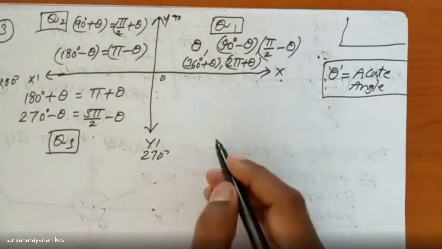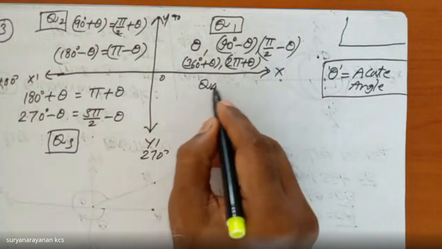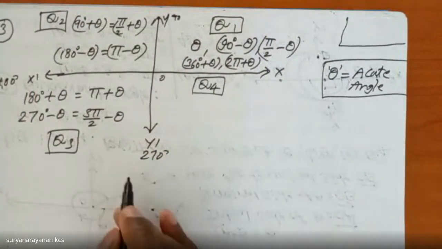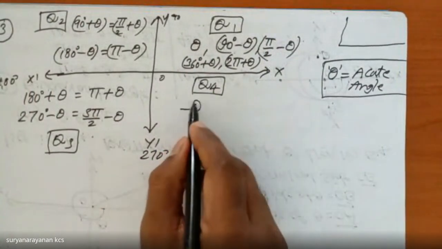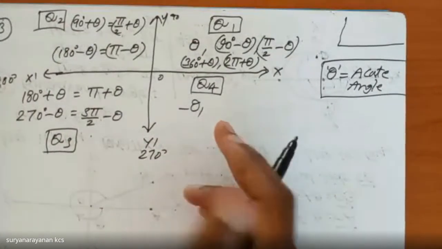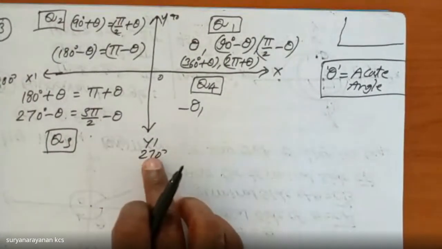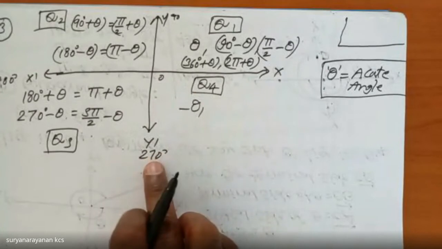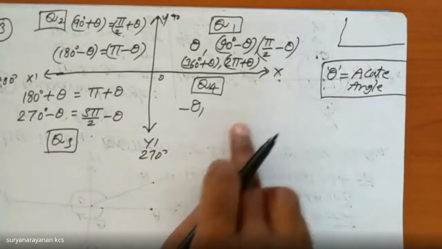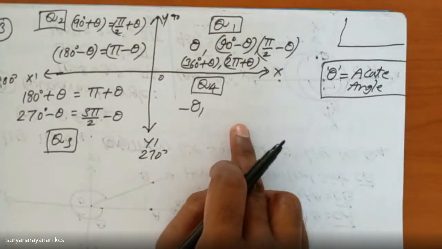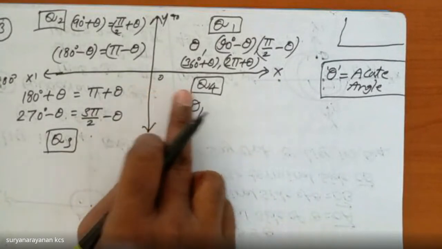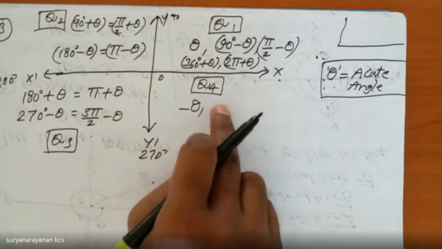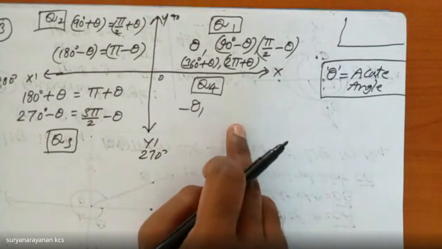Q1, Q2, Q3. Now come to Q4: minus theta. In the fourth quadrant, an angle is more than 270 and less than 360 degrees.